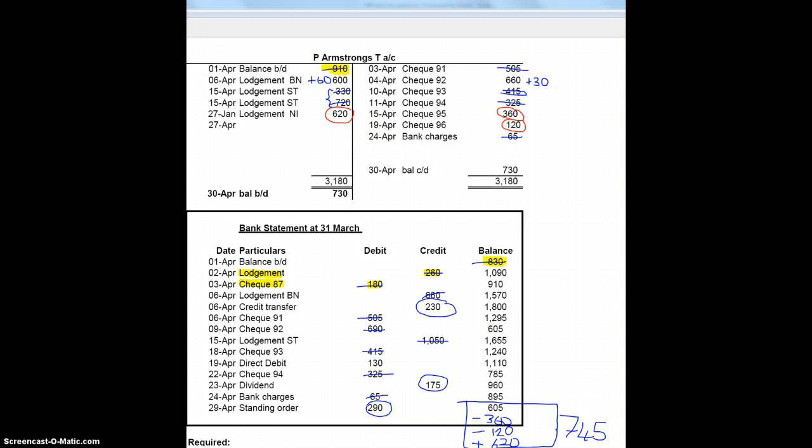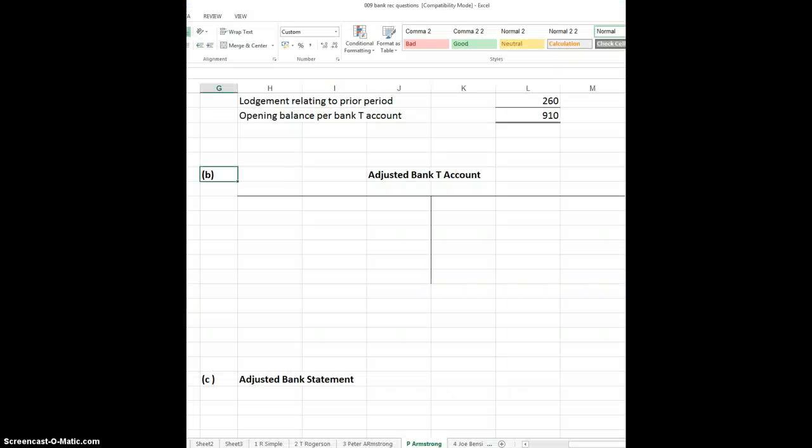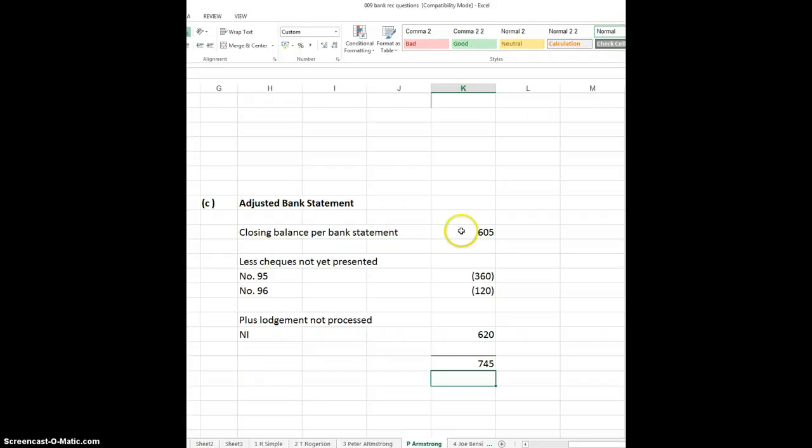That would look in your answer book like this. So that's our adjusted bank statement, and it's always relatively straightforward like that. Any checks that we haven't ticked off that are in the T account and any lodgement.